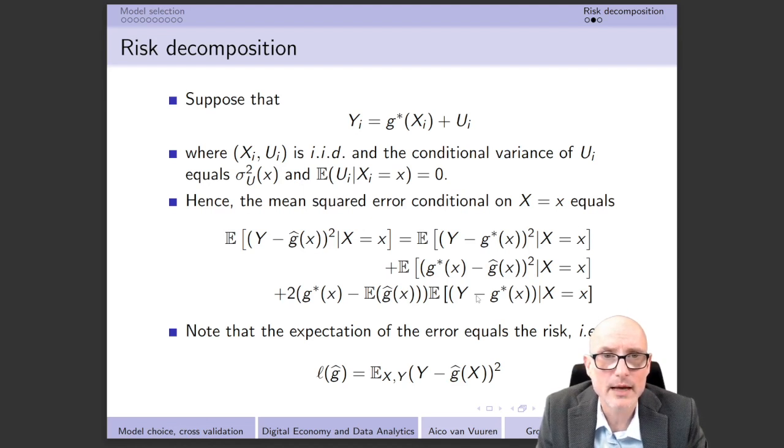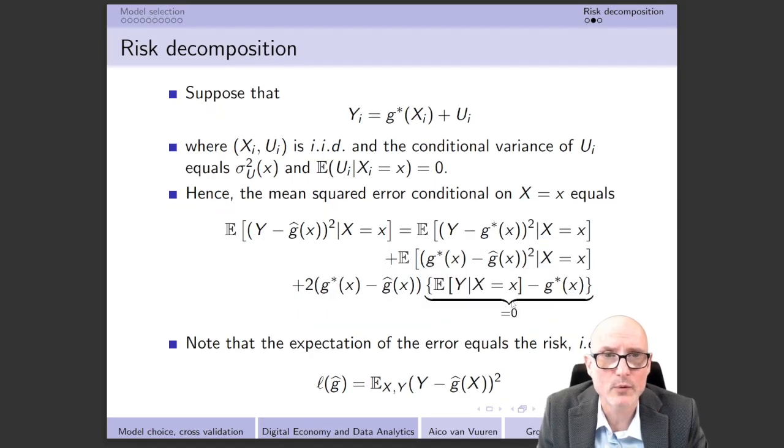So this is now the next step that we are going to take. Then the next step is relatively simple, and that is that this is of course a mean over a difference. That's a difference of means, so I can write this now as the mean of y conditional on x equal to x, minus of course the mean of g star x conditional on x equal to x, but take into account again that g star x is non-stochastic, so I can simply write g star x itself. So what we're going to get then here in these parentheses is the mean of y conditional on x equal to x minus g star x.